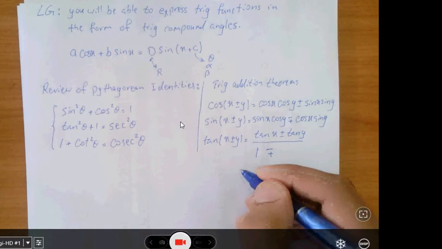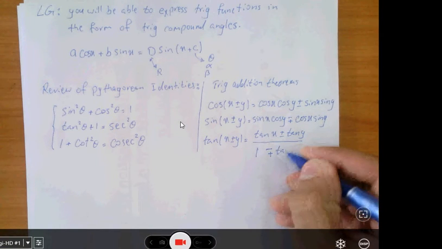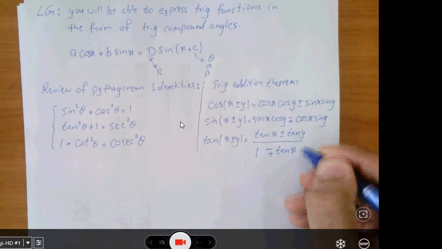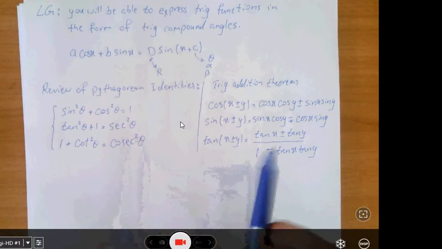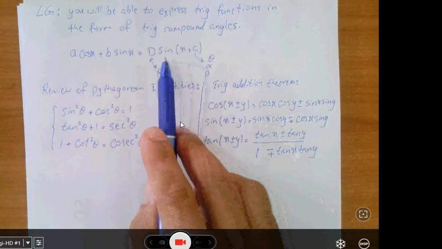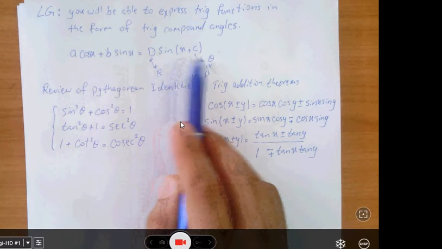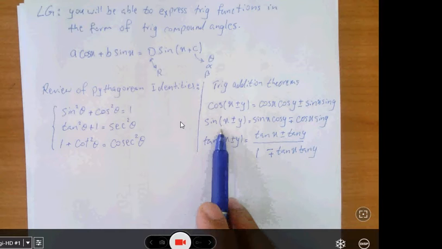I know. I don't think we actually did that. You never remember that. That's fine. Now, these two are obviously the double angles. And you can see in our learning goal setup right here, the sine of x plus c is the one that I'm going to be using. So it's right down the bottom here, correct?